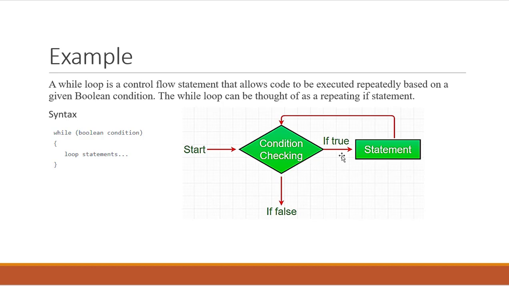If the statement is true, the program continues with the looping statement and checks the condition. It goes on and on until this condition becomes false, because once the condition becomes false, the program will exit from the while loop and go to execute the other lines of code.